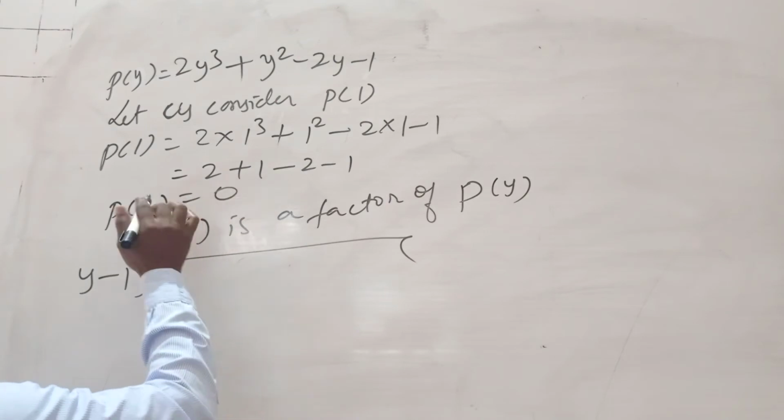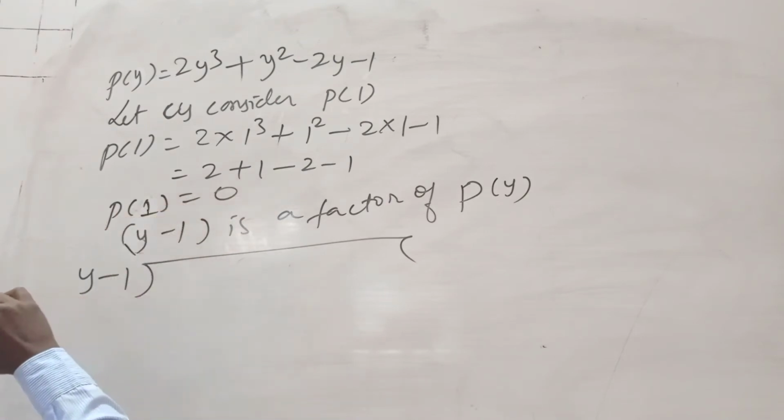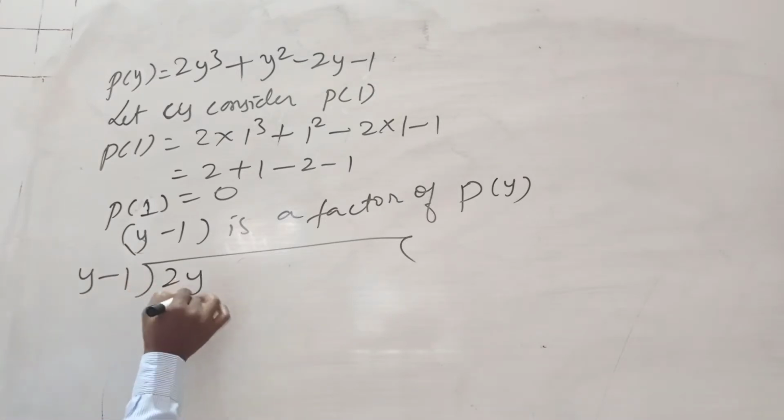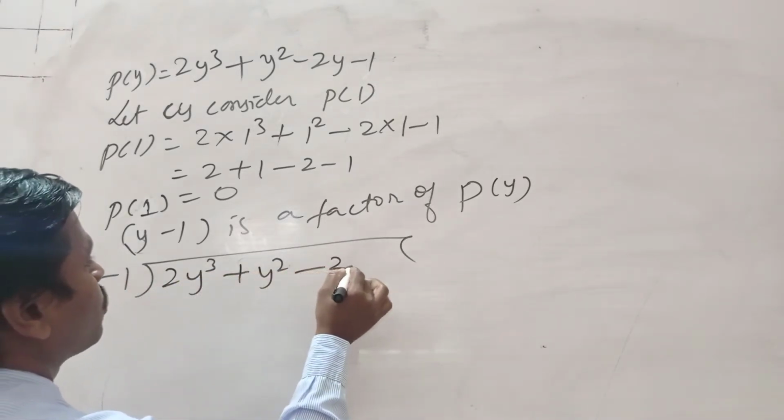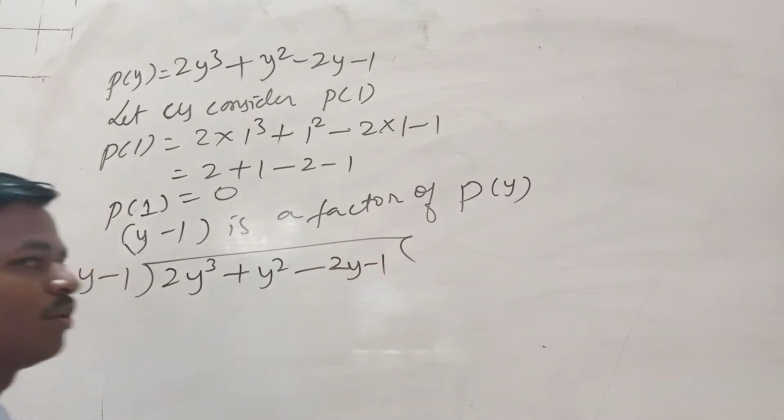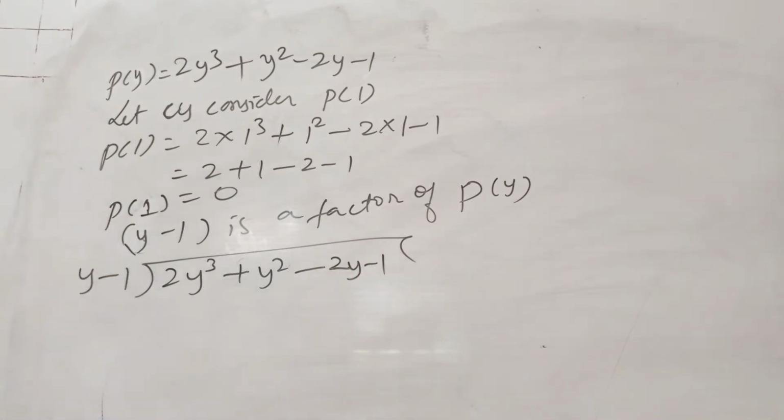It becomes a factor now. That is why 2y cube plus y square minus 2y minus 1. We will divide and check it.